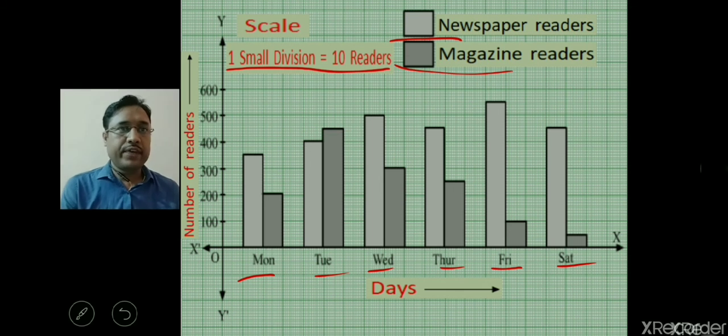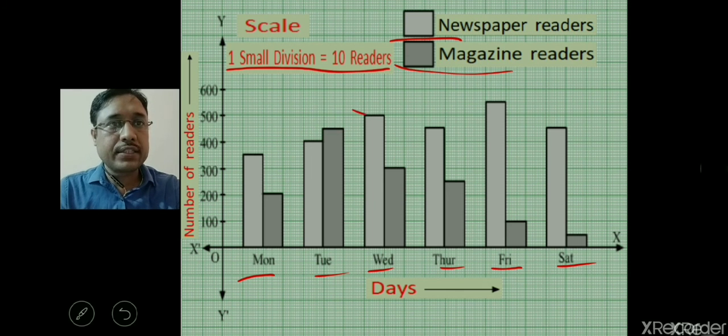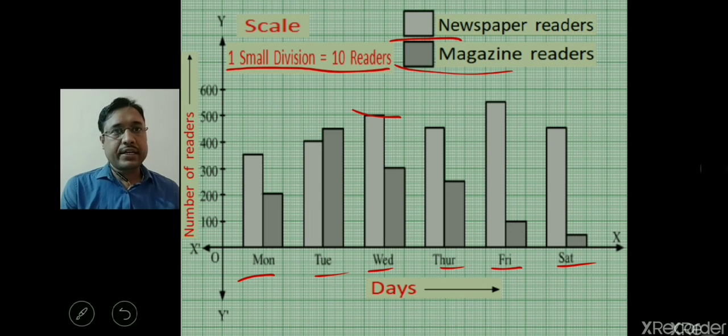Next, on Wednesday 500 is the data shown by the graph for the newspaper readers, and you can see the magazine readers are 300 only. So this way we can show the double bar graph.